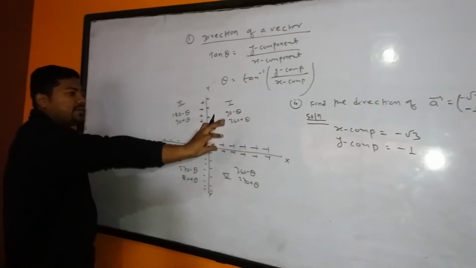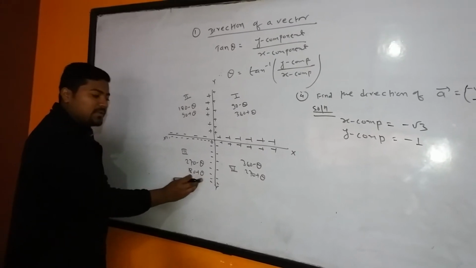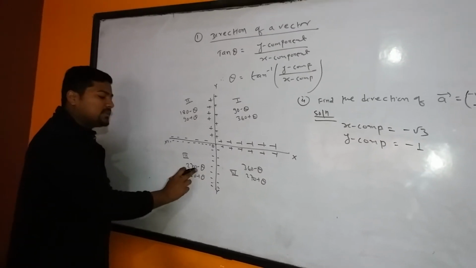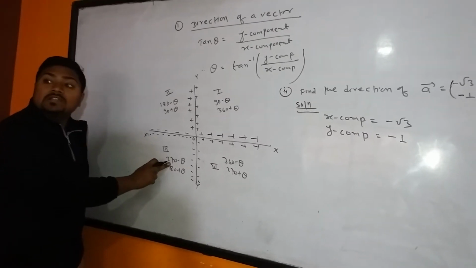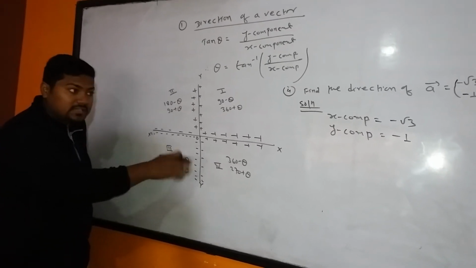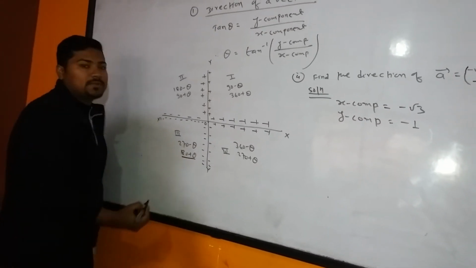It lies in the third quadrant, which means 180 plus theta. Why not 270 minus theta? Because 270 minus theta means 90 into 3, which is odd. Odd means that tan changes into cot. That's why don't take 270 minus theta. Take 180 plus theta.